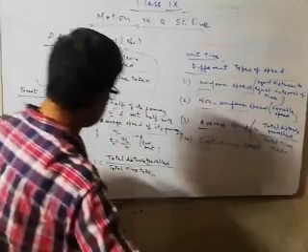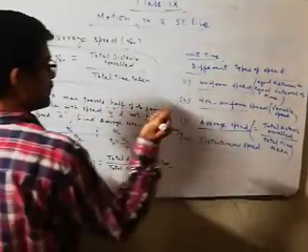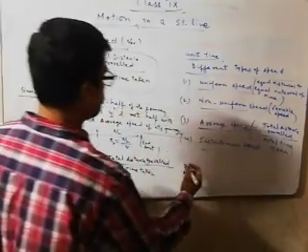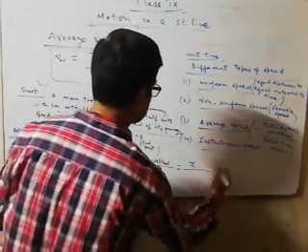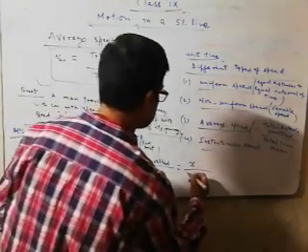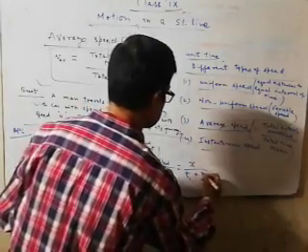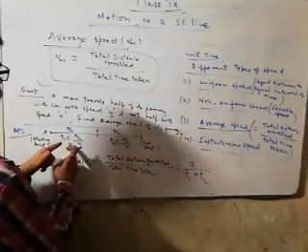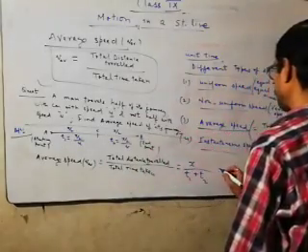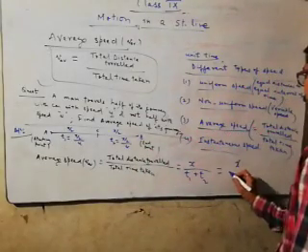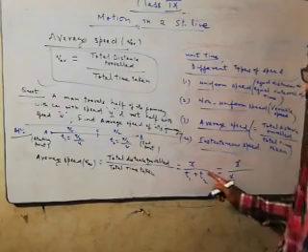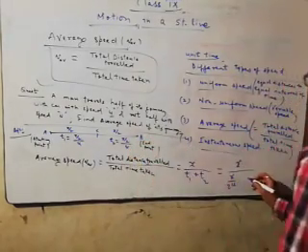So this we have to keep in our mind. Total distance is x by 2 plus x by 2, that is x. And total time is t1 plus t2. Now put the value of t1, that is x by 2u, and t2 we can put x by 2v.